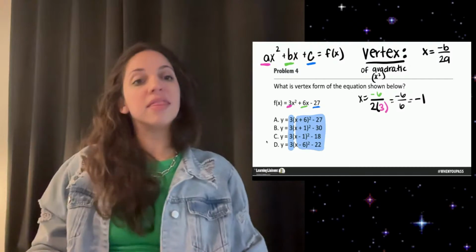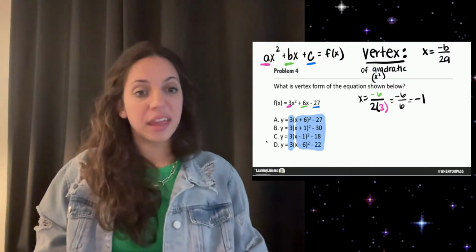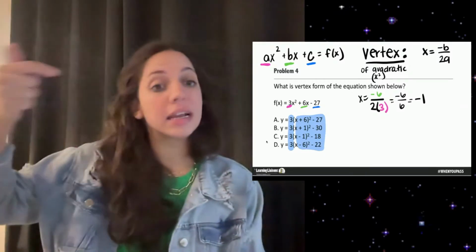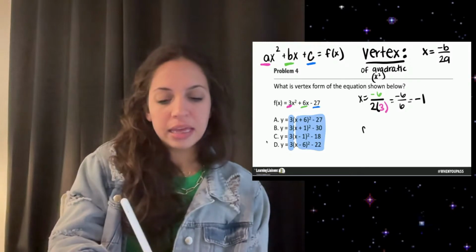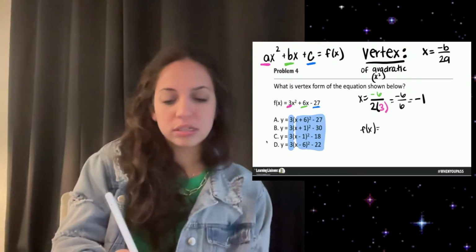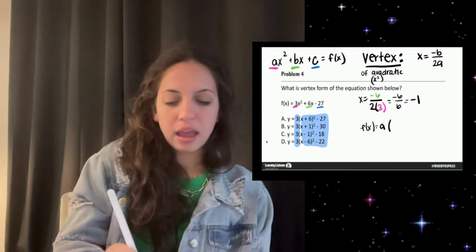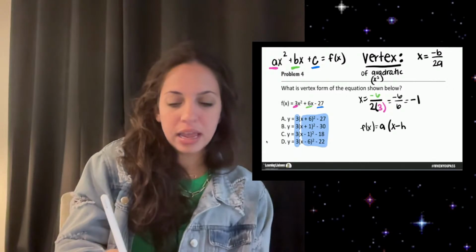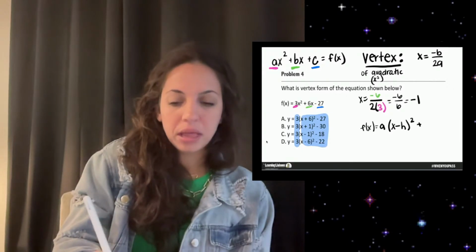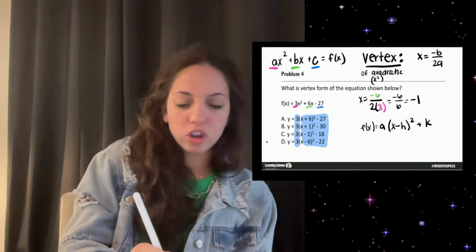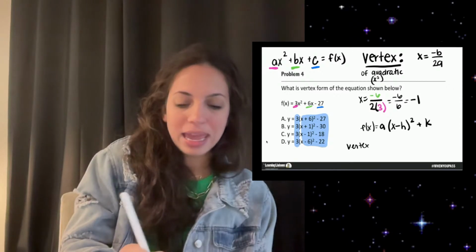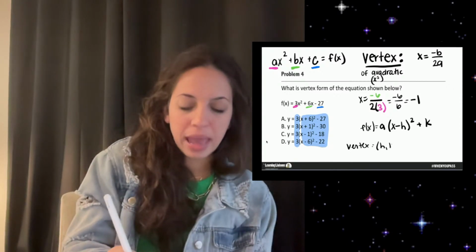Again, theoretically, I could stop there because vertex form of a parabola is f of x equals a times x minus h squared plus k, where your vertex is h comma k.